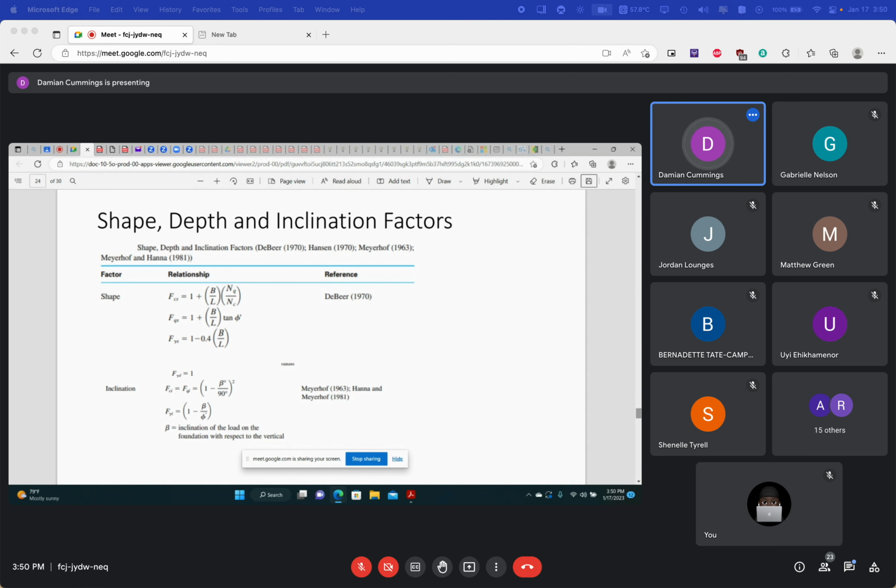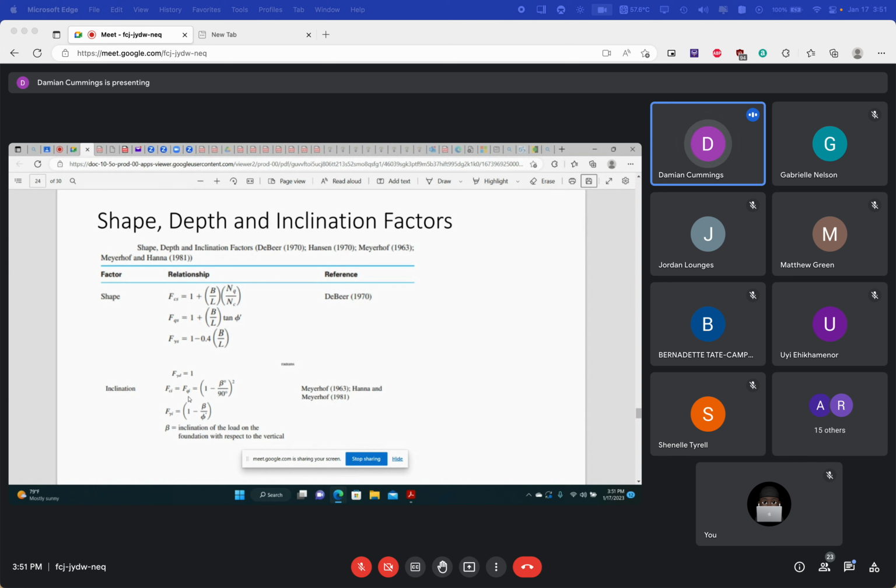Then our shape factor Fqs is equal to 1 plus B over L times tan of phi, and F gamma s is equal to 1 minus 0.4 times B over L. That's for our shape factors.